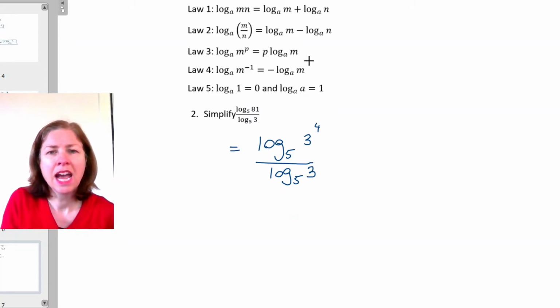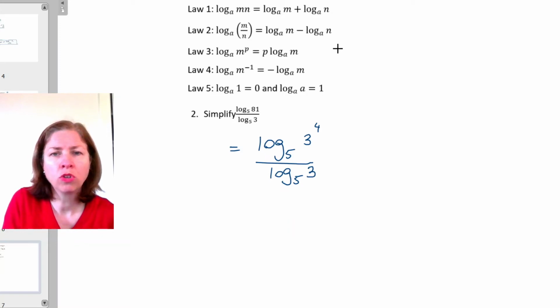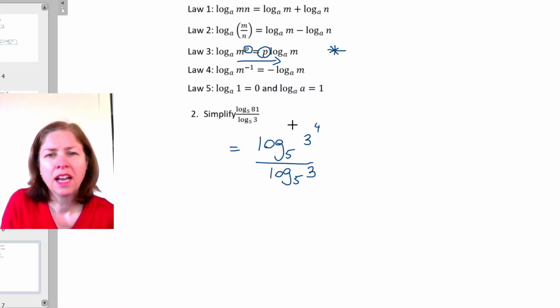Okay. Now I'm going to use my log law 3, but this time I'm moving this way. I'm going to take that power there and I'm going to bring it out the front as a constant that's multiplied. So I'm going to take this power of 4 and bring it out the front. So that's 4 log base 5 of 3 over log base 5 of 3.